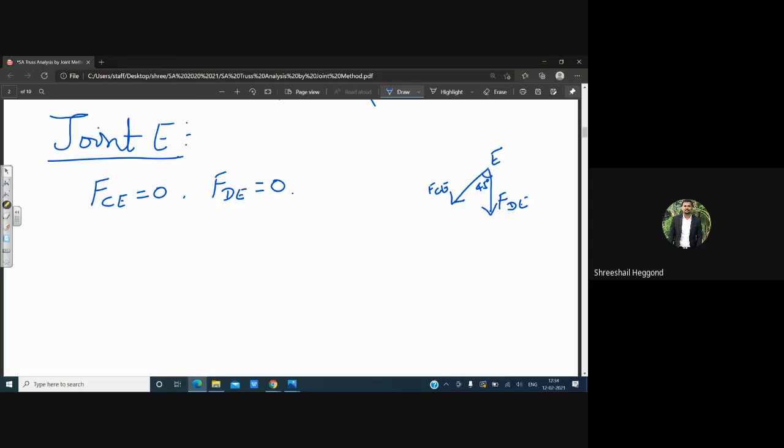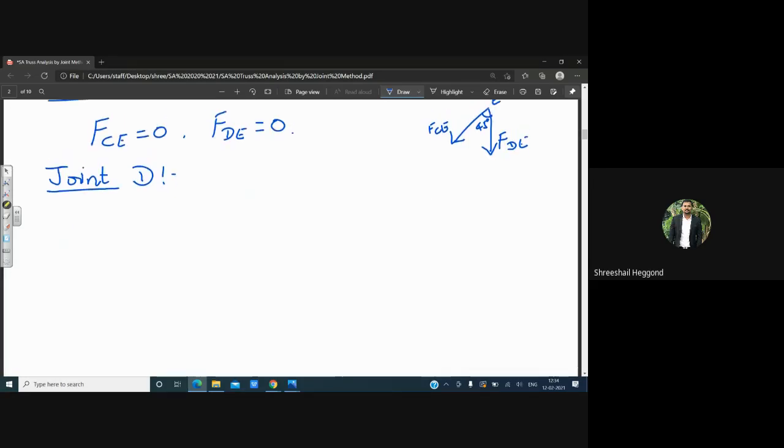Next, you need to consider joint D. There are 3 members joining at joint D. One is horizontal, another is the 10 kilonewton load acting downward, and an inclined member is joining to B. That is BD, and this is FCD.